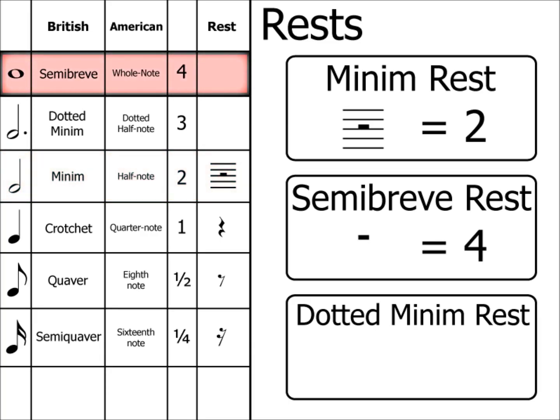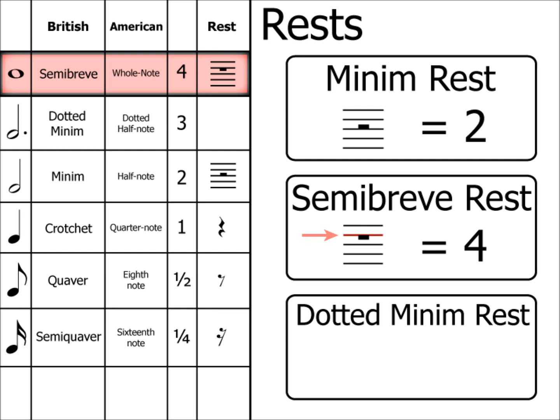We use the same little black rectangle, but notice how this time it hangs from the line rather than sits like the minim rest. And secondly, it hangs from the line above where the minim rest sits. A semibreve rest will only ever hang from the line which I've highlighted in red.